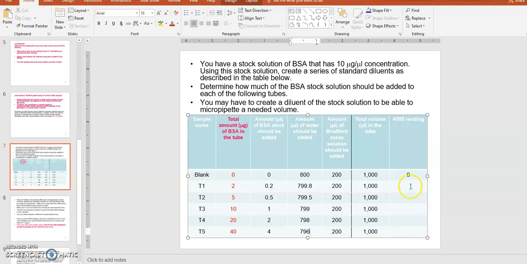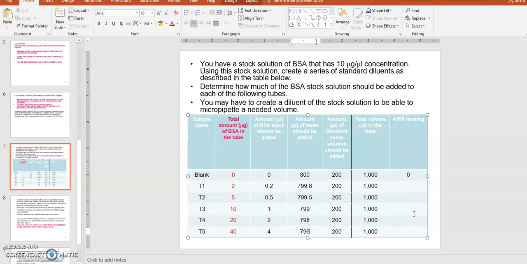Once you have these values observed from your 5 samples, you're going to create a standard curve using Excel. So enter the concentration of BSA in one column, and A595, the visible light absorbance, in another column, and then create a line graph. On the graph, you figure out its best fit line and get its R-square value and equation.